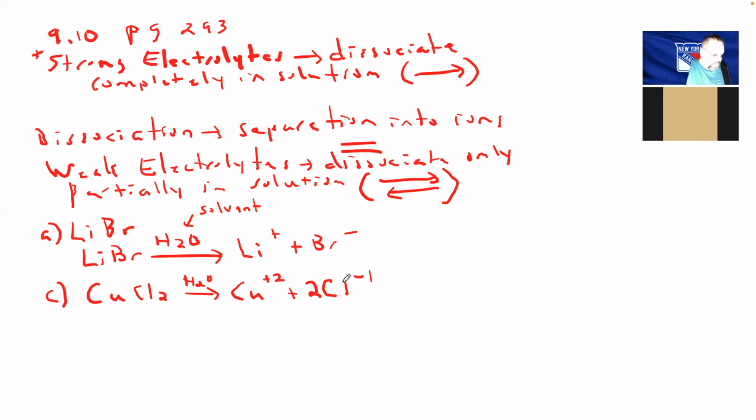Okay. One of the other things that you come across in this chapter is using the solubility rules. Now, I will tell you that you don't have to memorize the solubility rules. If there's a question or two on solubility rules, I will reproduce the chart that's there.